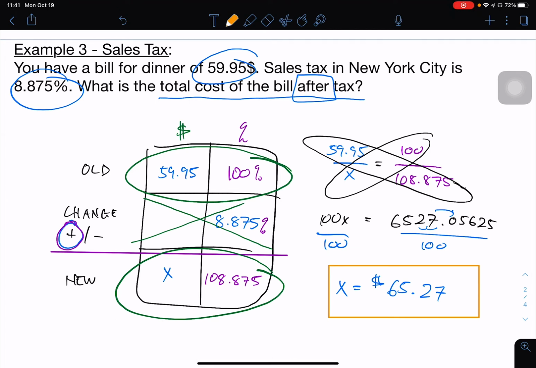Now commission is the same exact thing. It's just that instead of calling it sales tax, you call it commission.